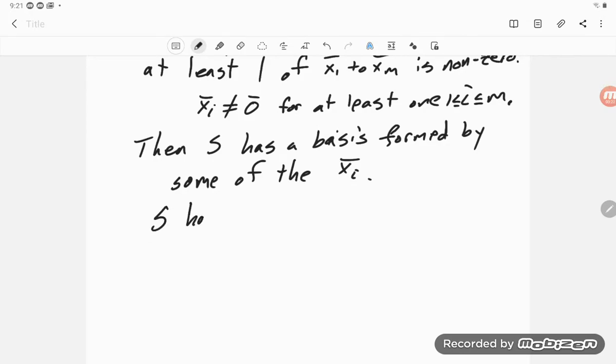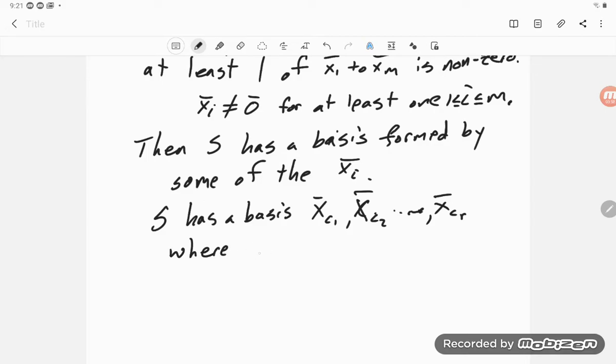The way they do it is, S has a basis, and they use these x_c1, x_c2, up to x_cr, where 1 is less than or equal to c1, which is less than c2, and so on all the way up to cr, which is less than or equal to m.